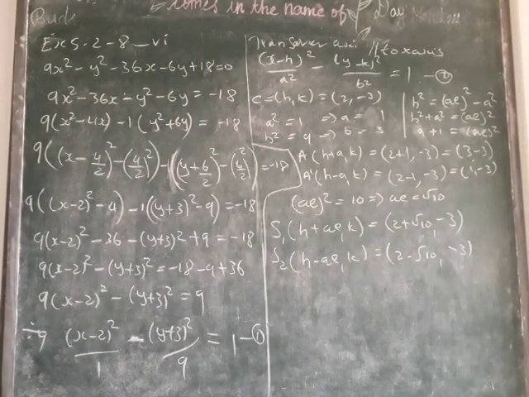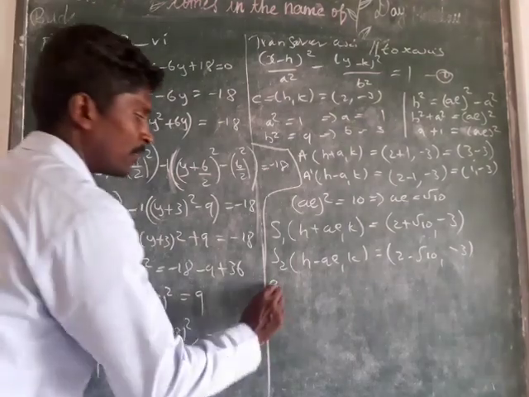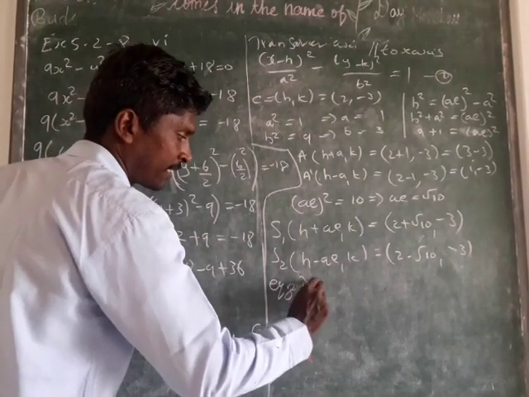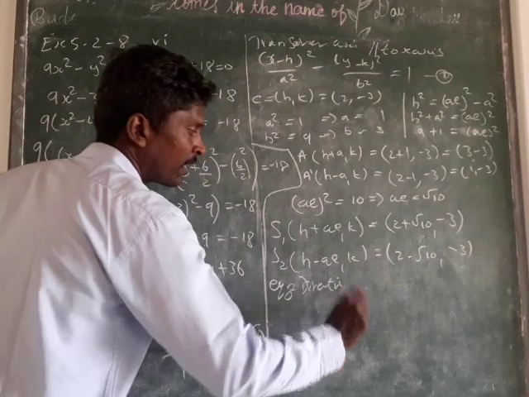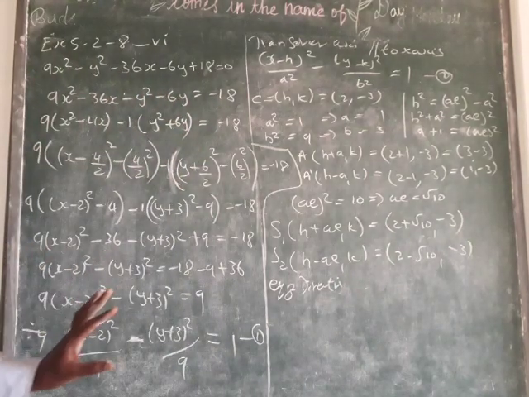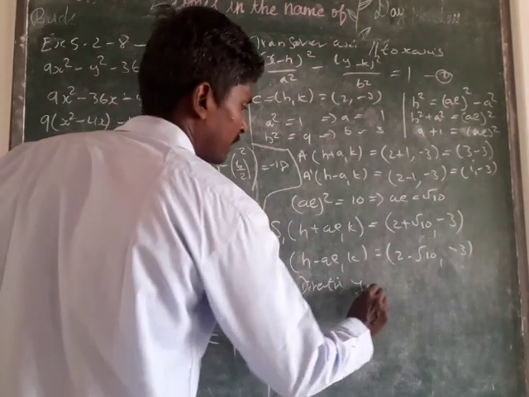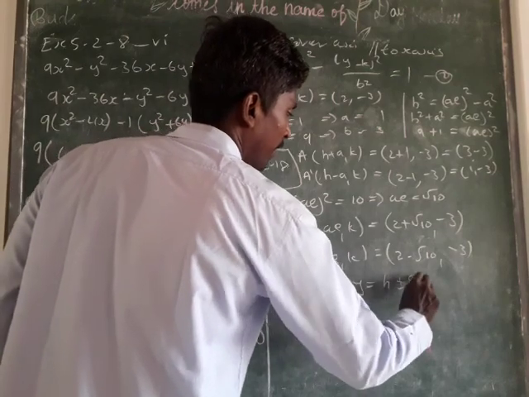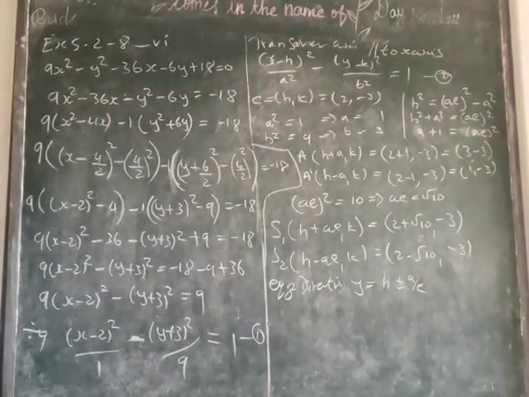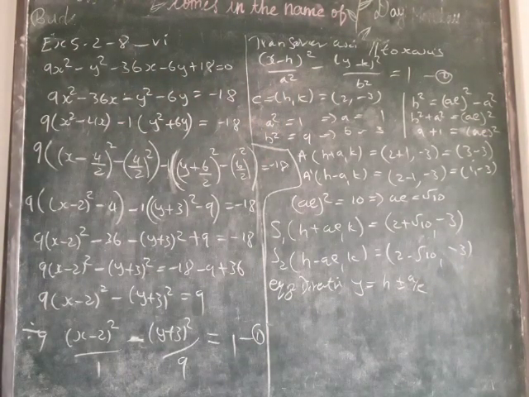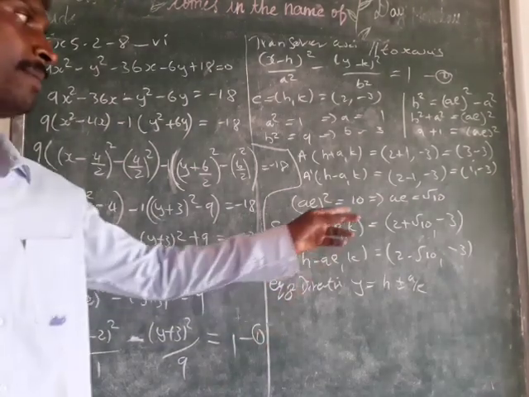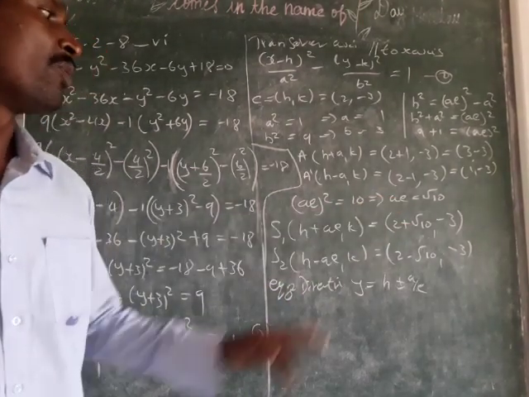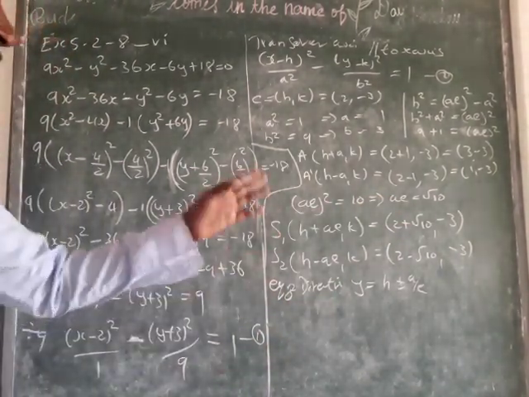Then you want to find the equation of the directrices. If the diagram is parallel to the x-axis, then y equals h plus or minus a by e. So you want to find the a by e value. Just find the e value.